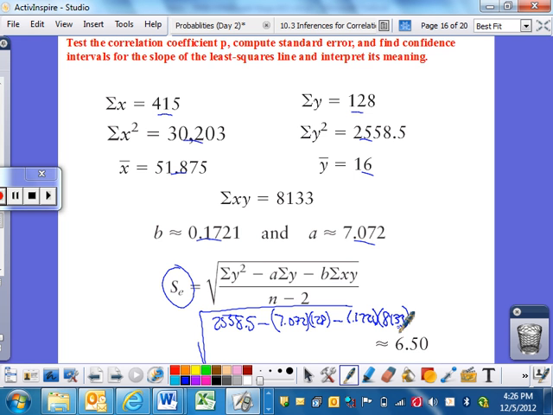That's all on the top. And all that needs to be divided by n minus 2.